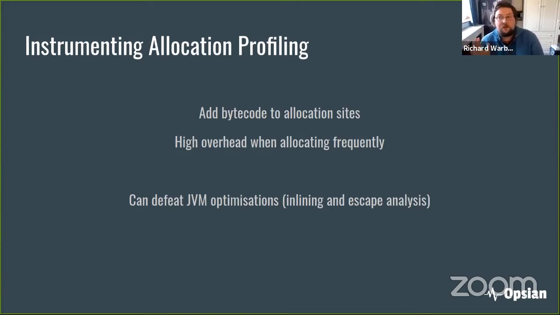It's escaped, and it's broken the escape analysis and defeated scalar replacement optimizations. Another problem with instrumentation-based allocation profiling is inlining. If you add too much bytecode to the method, then you will defeat inlining heuristics, and without methods being inlined, you also get a bunch of other optimizations within the JVM made vastly less effective, because the analyses that they rely on don't have a view of as much code to operate on.